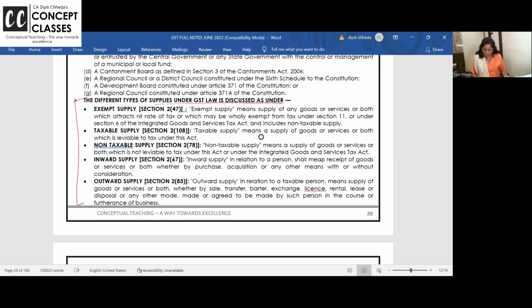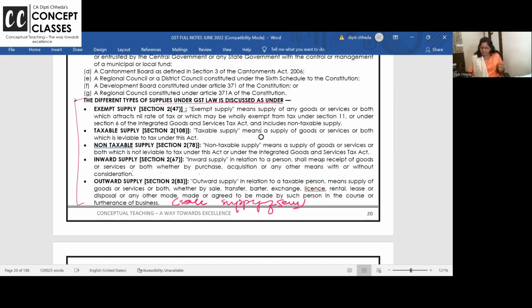Ma'am, why this name outward supply? It's sale or supply of service. Write both. You are selling goods, outward supply. You are rendering services, then outward supply. And you charge output GST minus input GST is the GST paid.